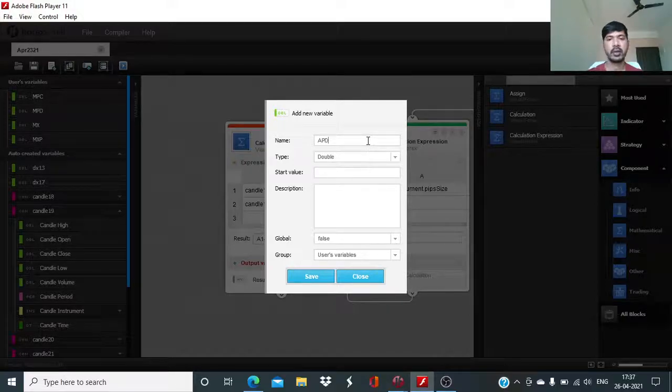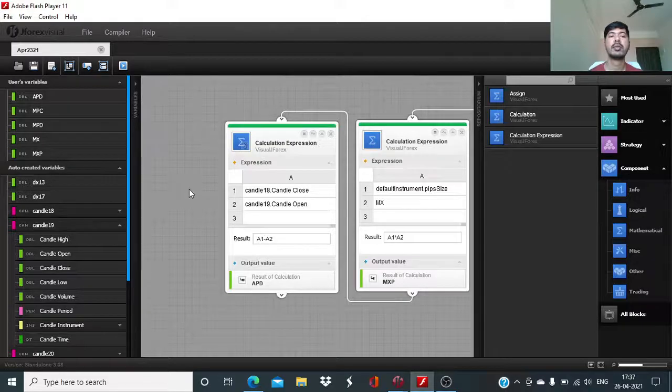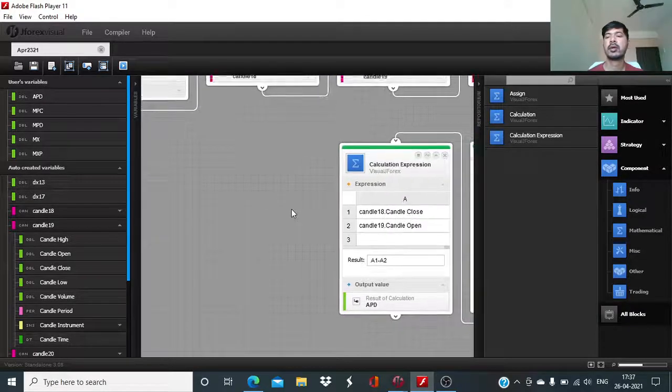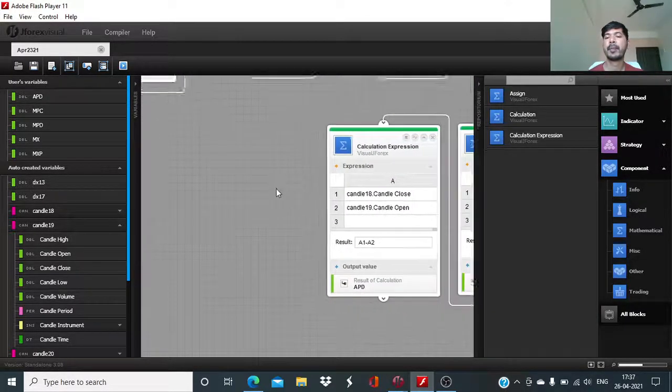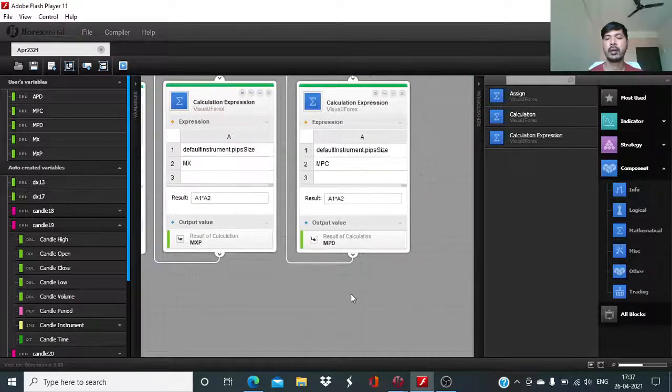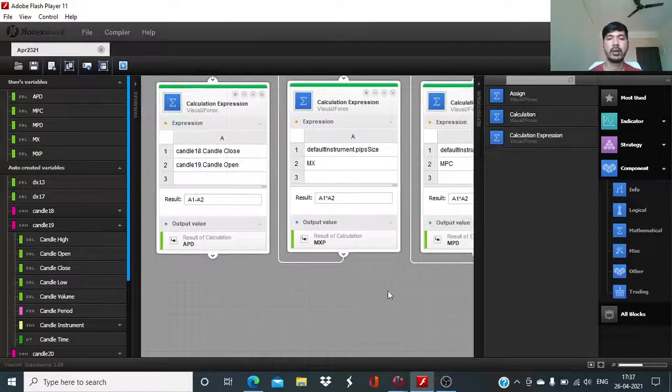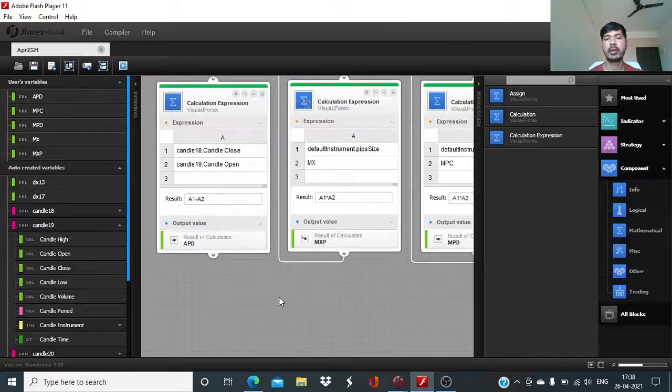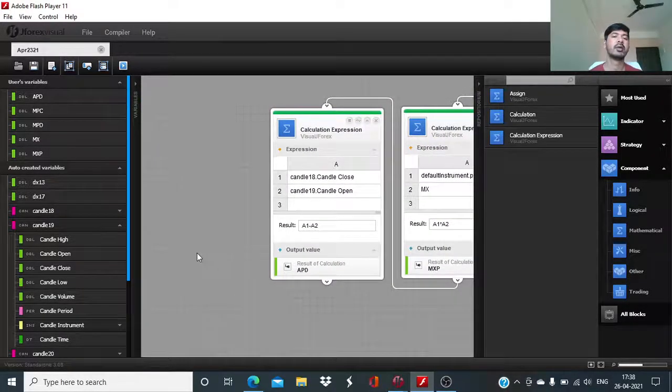Actual price difference, and this needs to be more than minimum price difference and less than maximum price difference.